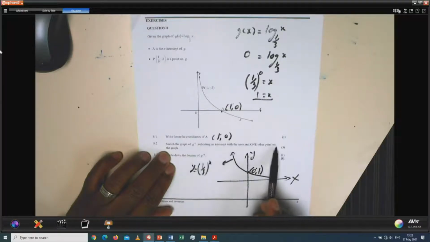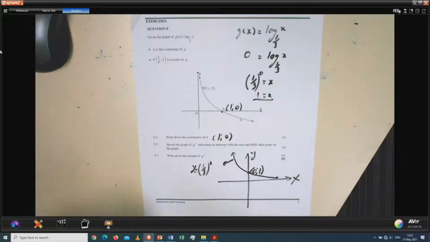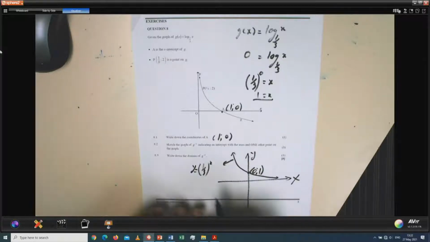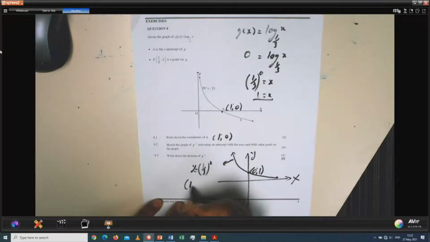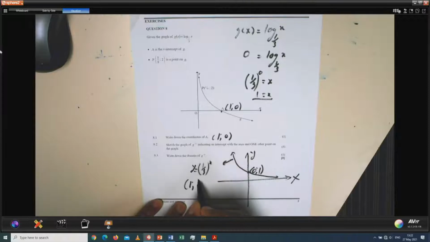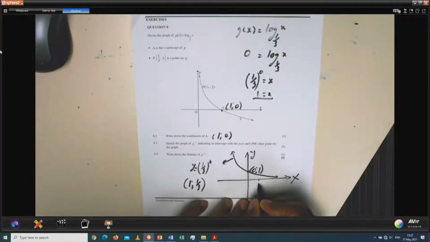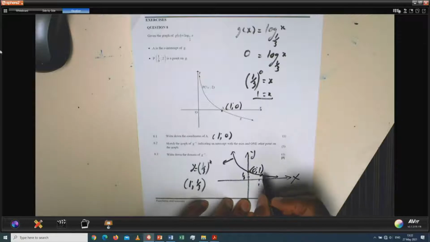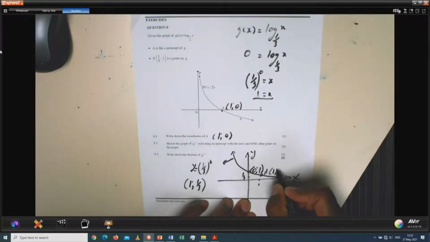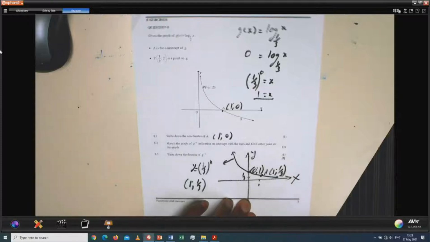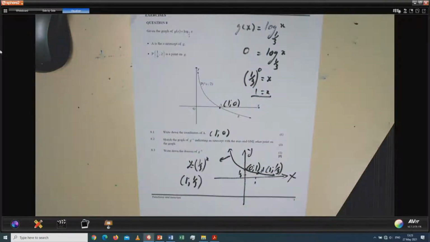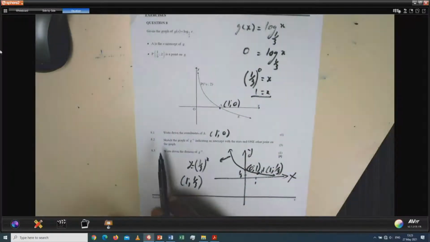And one other point on the graph, any point that will be easy: what will happen if x is 1? If you substitute x by 1, y will be 1 over 3. So this is the point. Let's call it point A: x is 1, y is 1 over 3. Any point is fine. So this means we have answered 8.2.